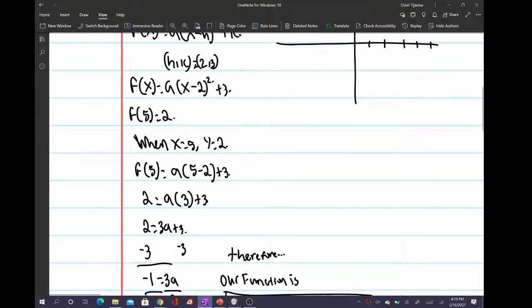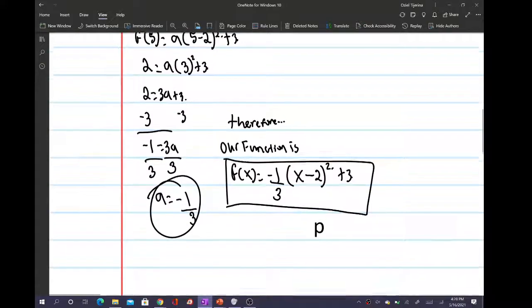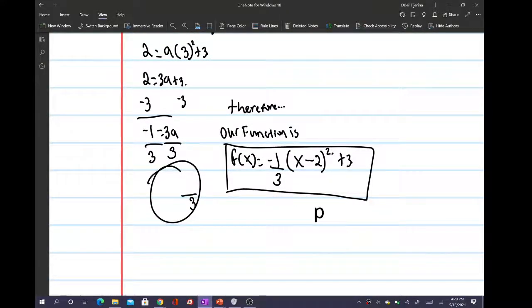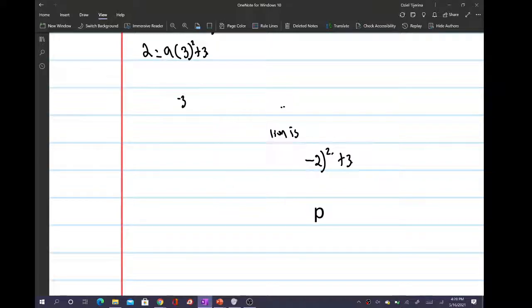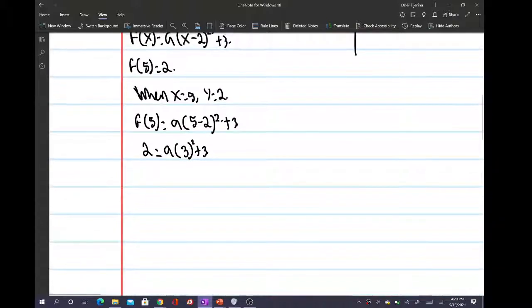So here, my bad, guys. Here, it was supposed to be squared plus 3. So then we have a times 3 squared plus 3. And then, basically, we would have... Oh my goodness. It would be 2 equals a times 9 plus 3, which is 2 equals 9a plus 3.